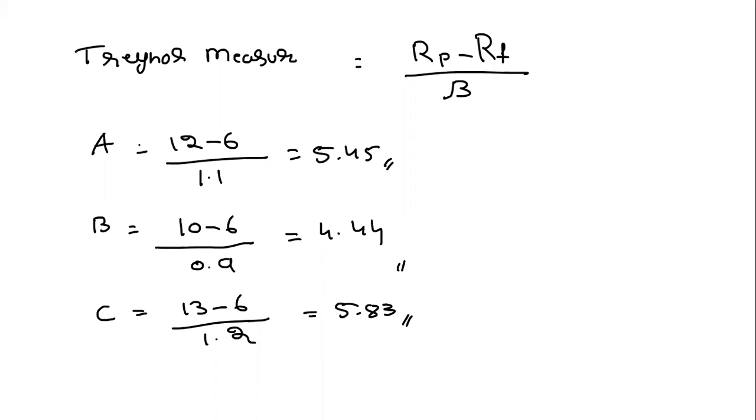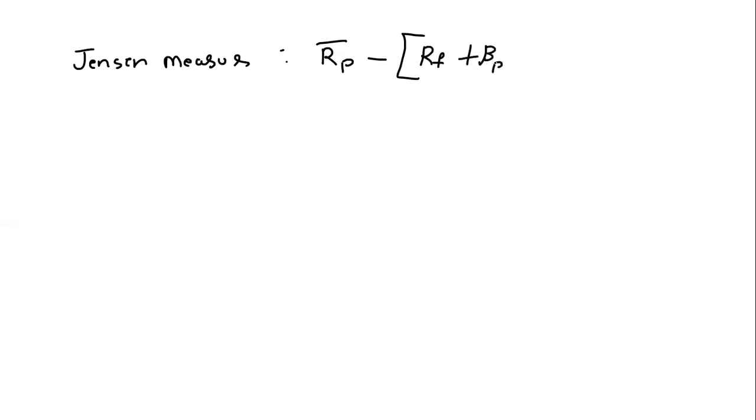Now let's calculate it for the Jensen measure. So here for Jensen measure, using the available data, we use the formula: return on portfolio minus bracket risk-free, that is RF, plus beta of the portfolio, and in bracket return of market minus risk-free rate of return.